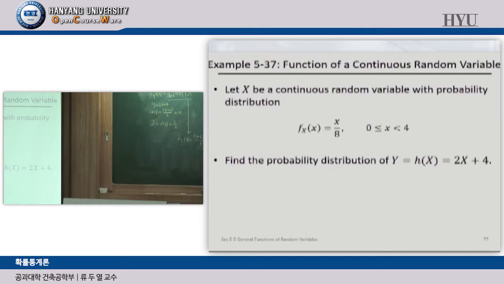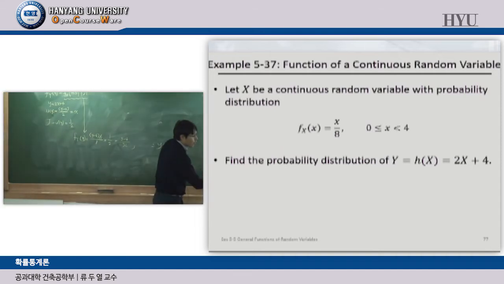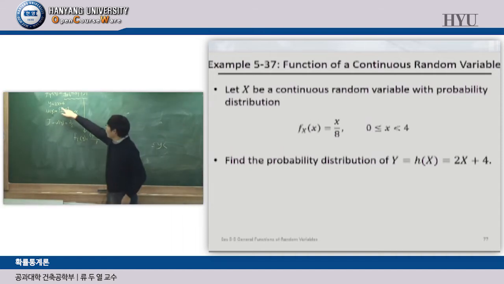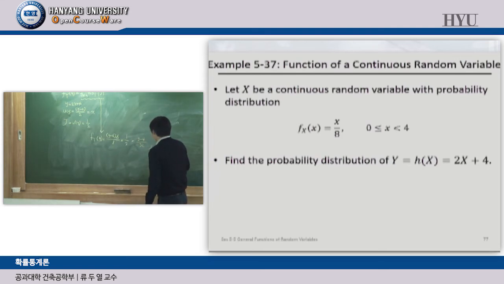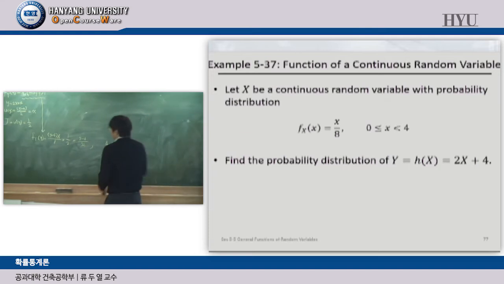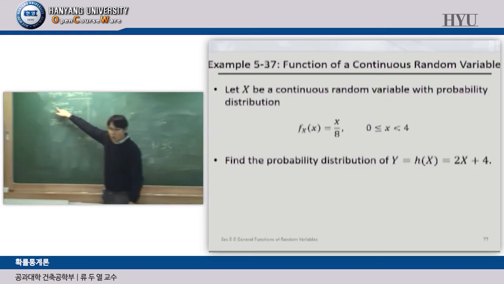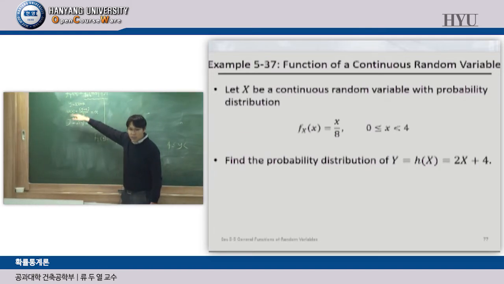When x is equal to 0, y is equal to 4. Right? When x is equal to 0, y is equal to 4. And when x is equal to 4 here, y is equal to 12. Okay?